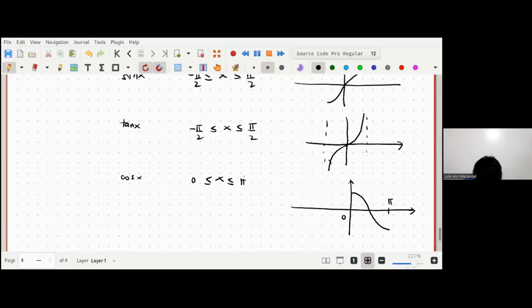Or any period, periodic naman yan eh. So pag shift this by pi or a multiple of pi, that's also going to be a region in which cosine is also one-to-one. So pag may restriction on the domain, it's possible for some functions to become one-to-one. Pag walang restriction, okay, pwedeng wala talaga.